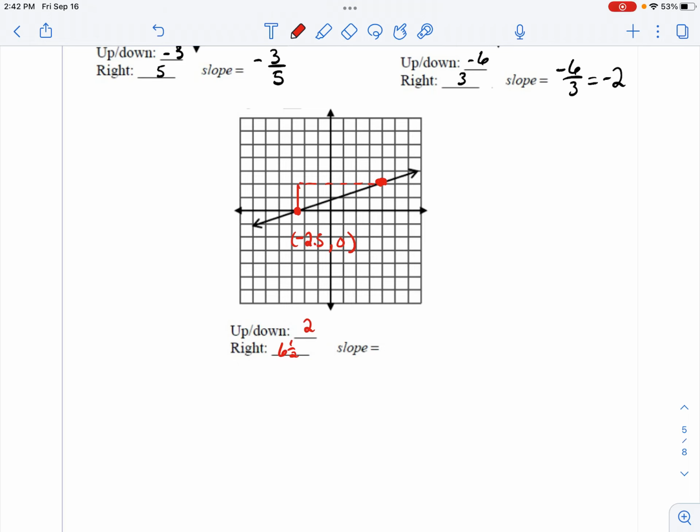All right, so now our slope is going to be 2 over 6.5. When we're dealing with a fraction, we want whole numbers. So if we double this, we're going to rewrite this as 4/13. So our slope is 4/13. For every 4 you go up, you move to the right 13.